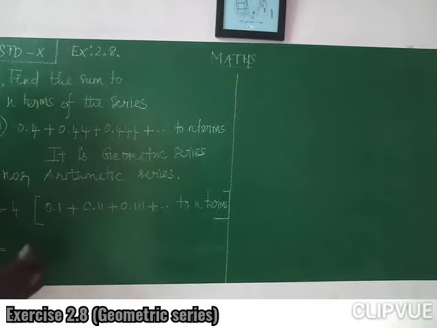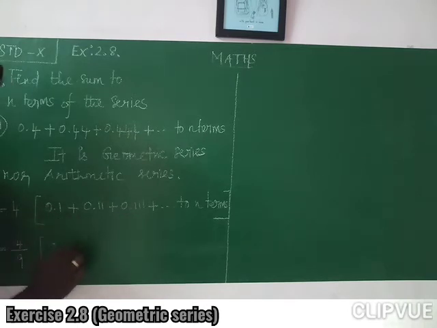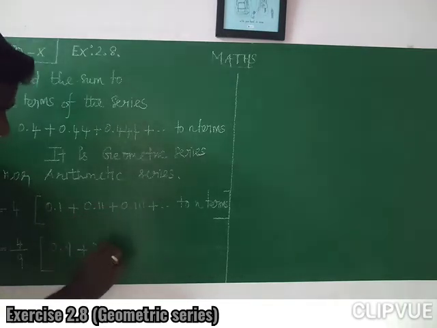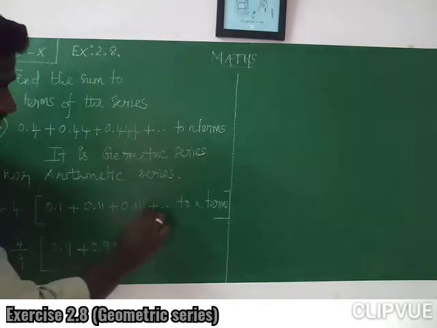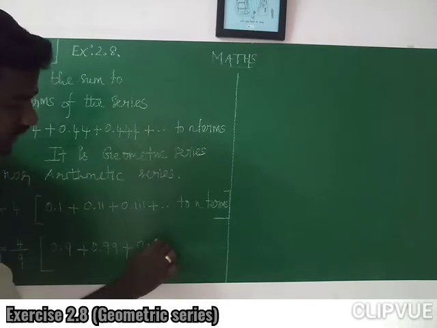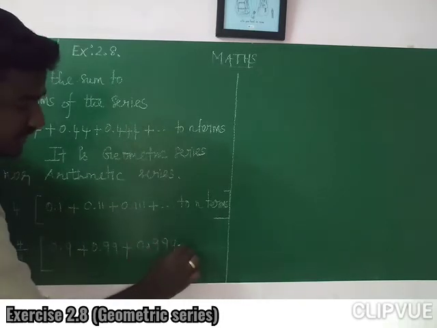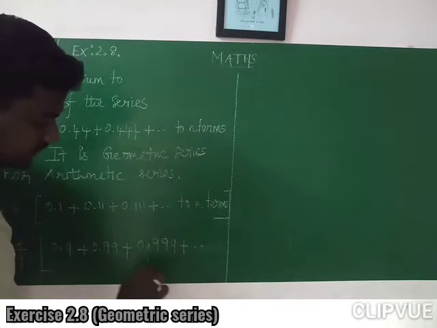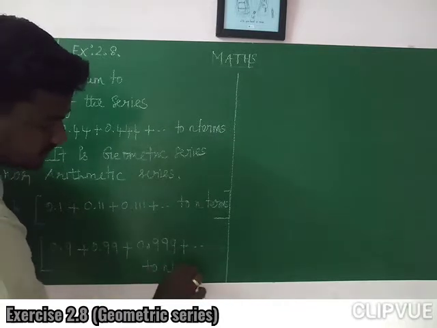Now I am going to multiply and divide it by 9. When I divide by 9, we can take that 9 out. So I multiply: 0.1 into 9 becomes 0.9, plus 0.11 into 9 becomes 0.99, plus 0.111 into 9 is 0.999 to n terms.